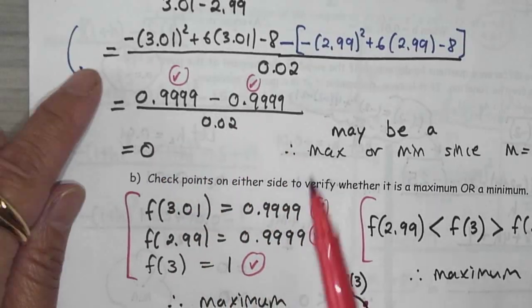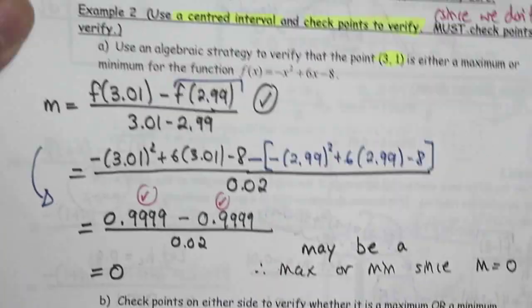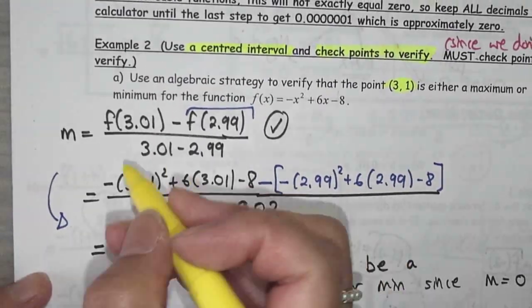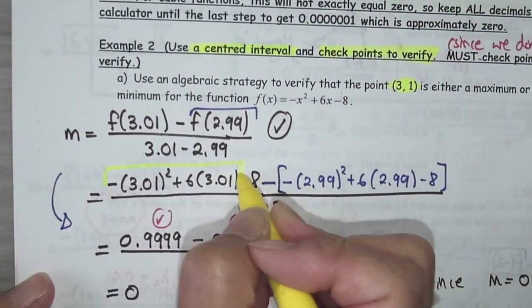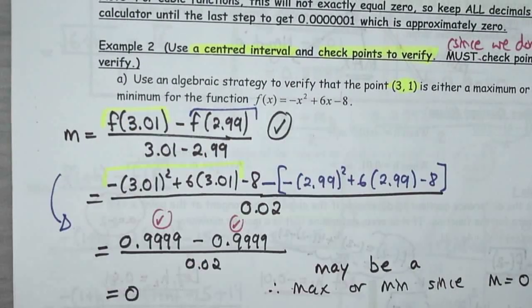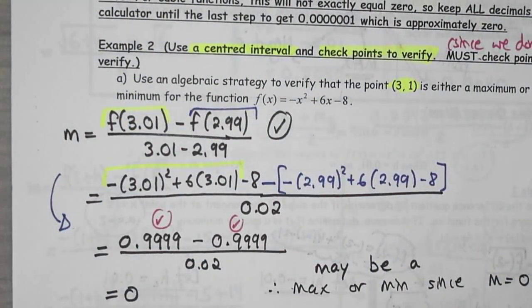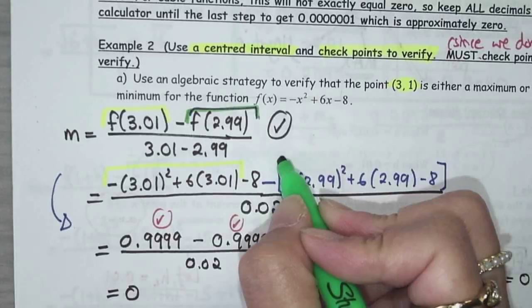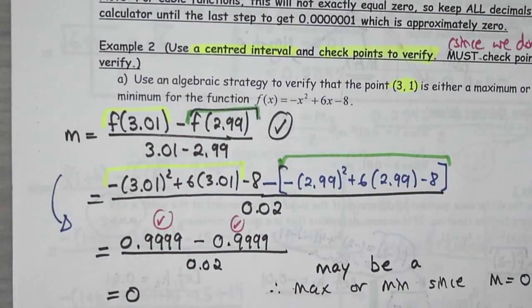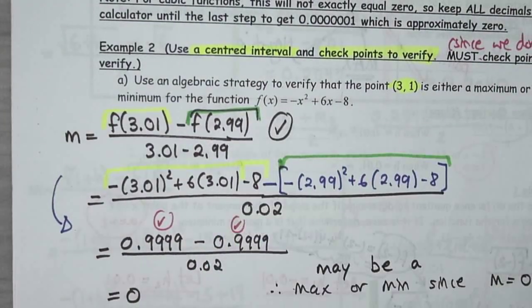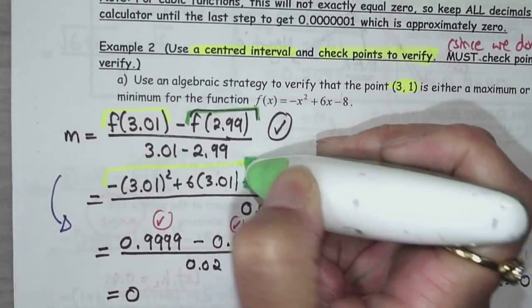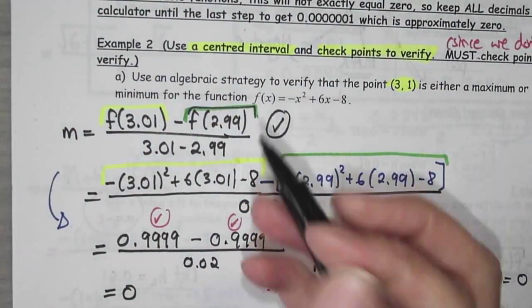So on this line here, I calculated F at 3.01 here. Then I calculated this part here, all the way to that 8.